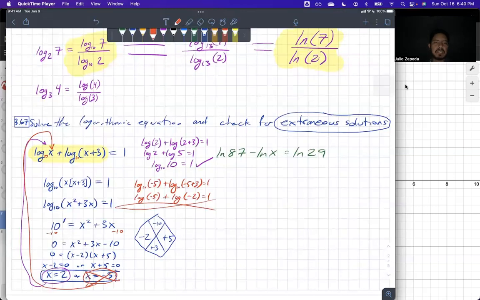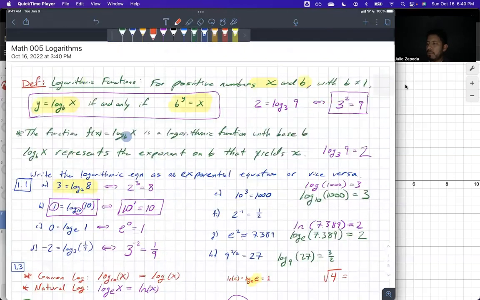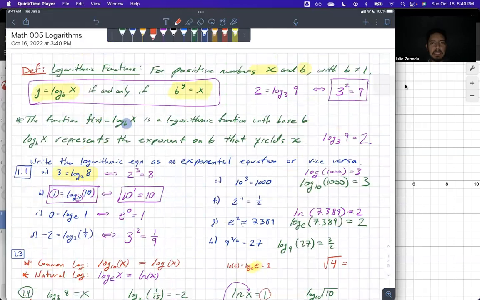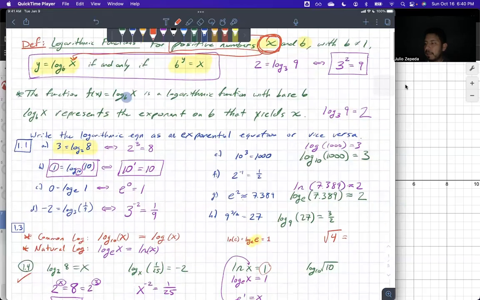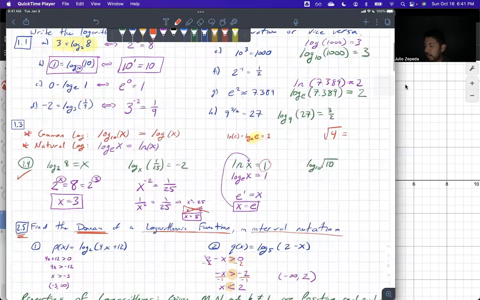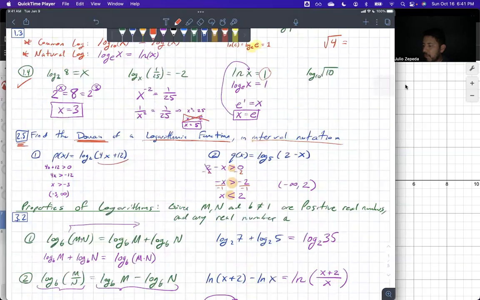It's an extraneous solution. We can actually scroll all the way back up to the beginning. And remember, it said for positive numbers x and b. X, remember, was the argument of the log. The input of a logarithm has to be positive, larger than 0, right? We actually talked about it earlier when we said the domain needs to be, 4x plus 12 needs to be larger than 0.